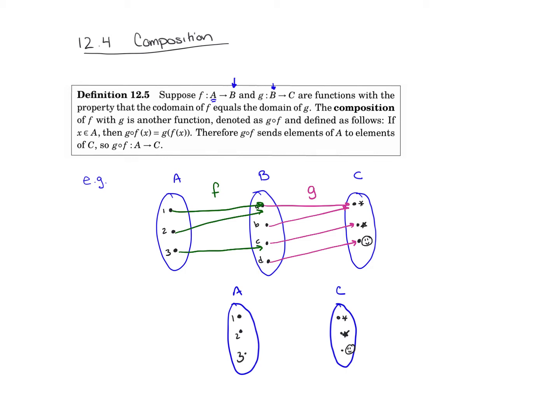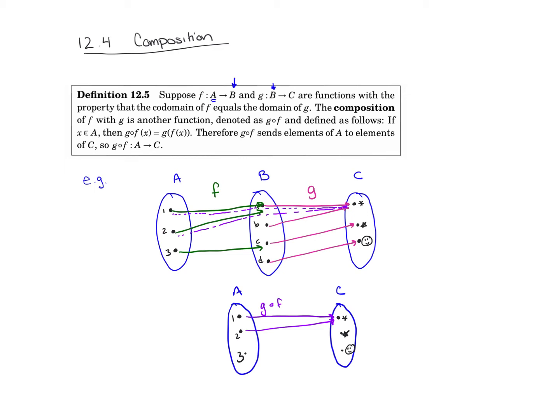And now we can think about the composition. So for this 1, first f sends 1 to a, and then g sends a to star. So g compose f is going to send 1 to star. f sends 2 to a, g sends a to star, so 2 also gets sent to star.